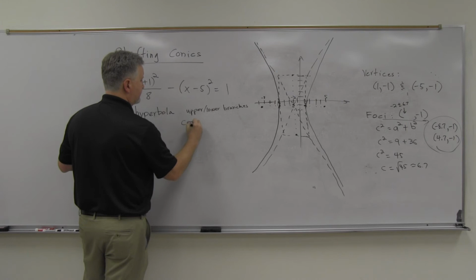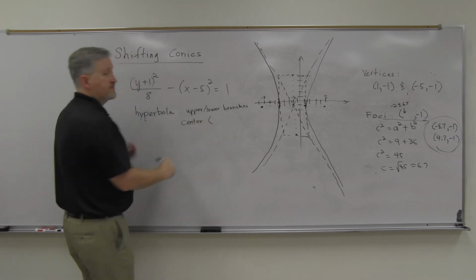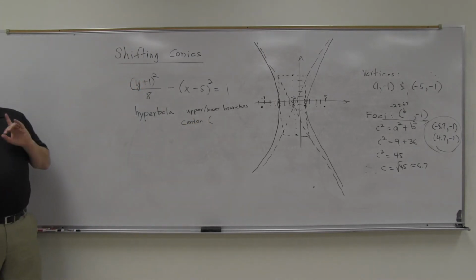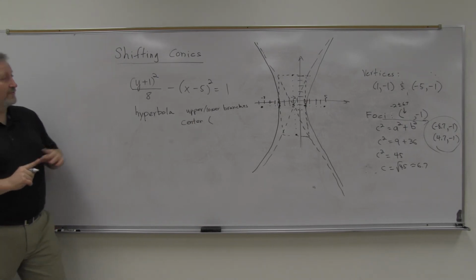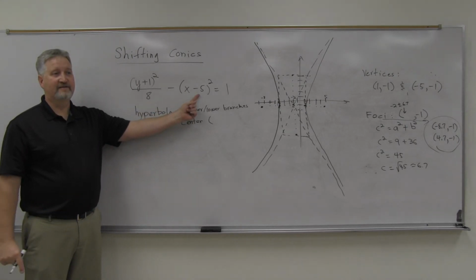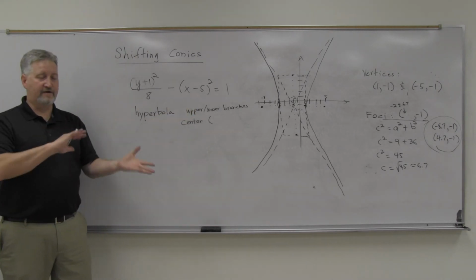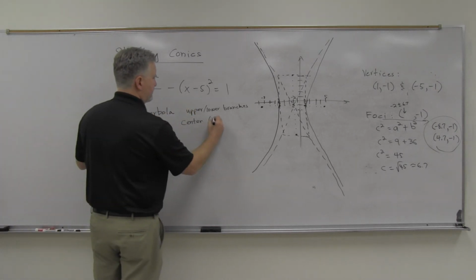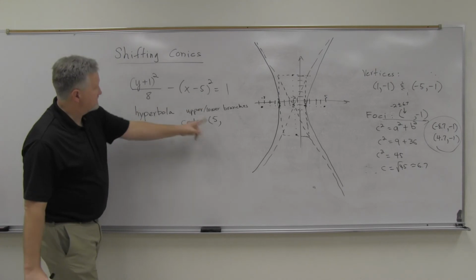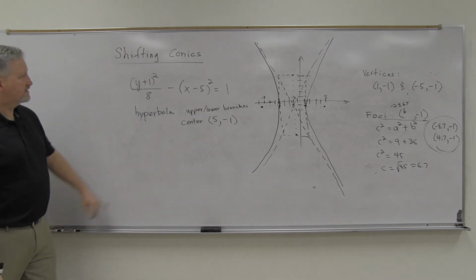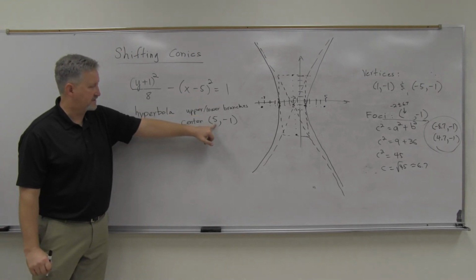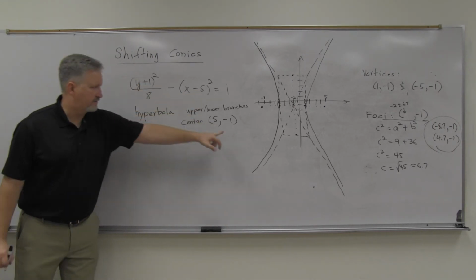And for my center, this is where you have to be careful because the h comes off of the x. So isn't this the h right here? It's the 5, so be careful and keep those straight. So the center would be positive 5, negative 1, because this is what's subtracted from x, so it's the x coordinate, and this is what's subtracted from y.